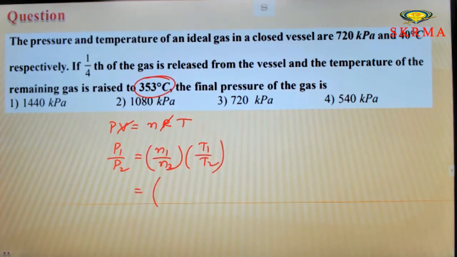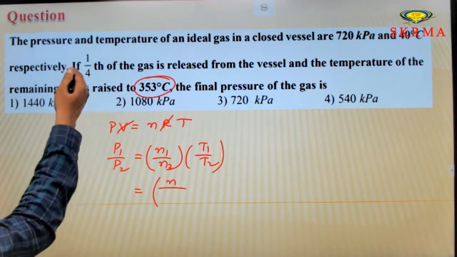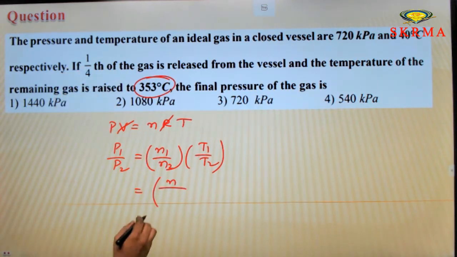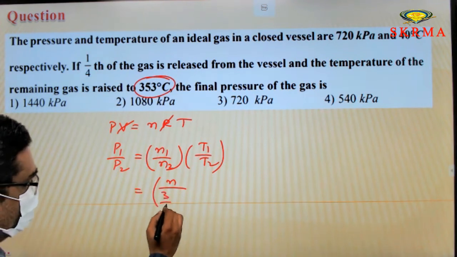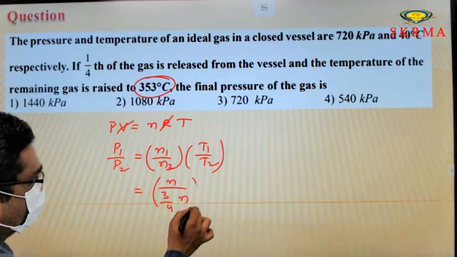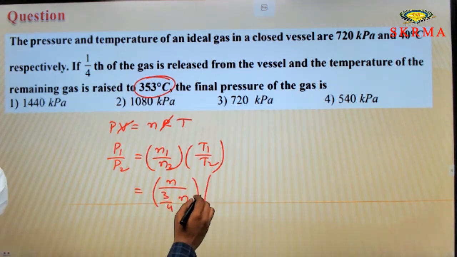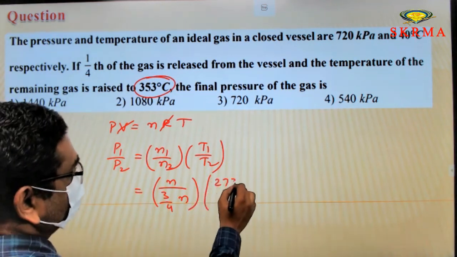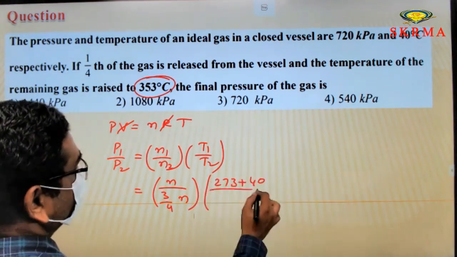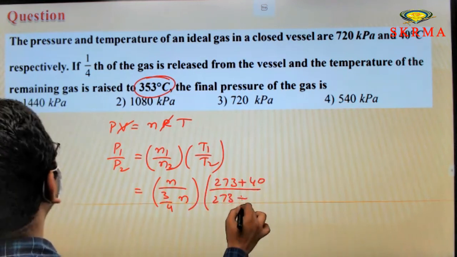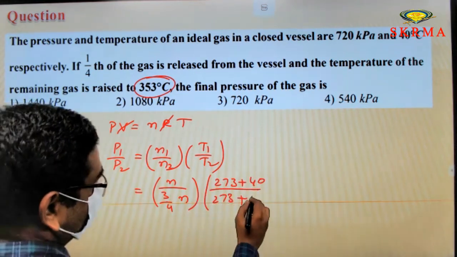So N1 is N, N2 is 1/4 is removed, so that 3/4 is remaining. Na? So 3/4 of N. T1 is 273 plus 40. T2 is 273 plus 353.